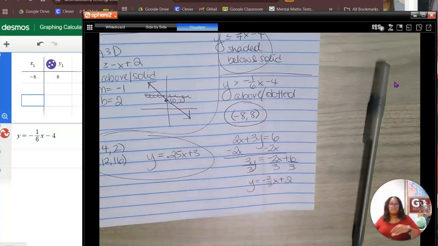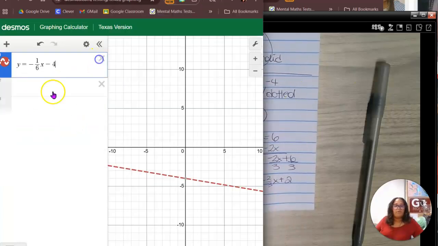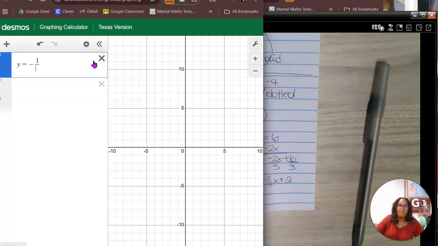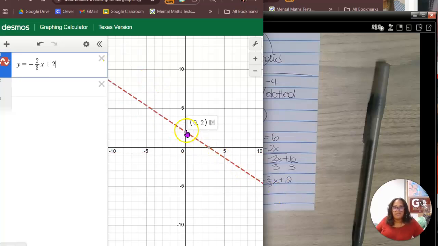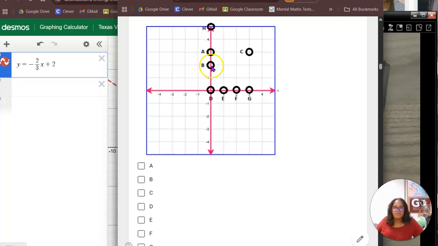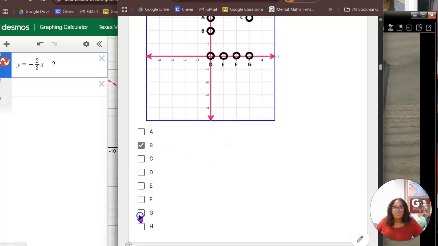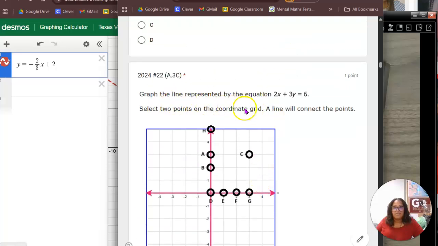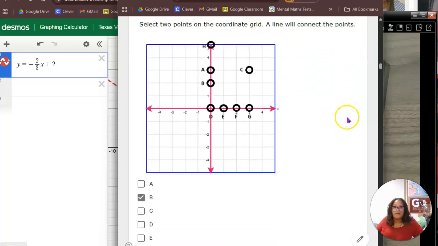Graph this in Desmos. Negative 2/3 x plus 2. So then looking at this, I've got 0, 2, and 3, 0. So when I come back to my answer, I got 0, 2, that's B, and 3, 0, that's G. And I have to select those 2 points there.